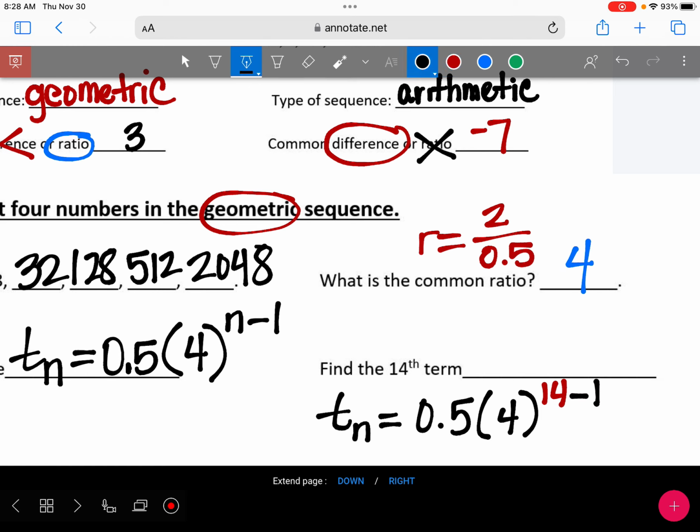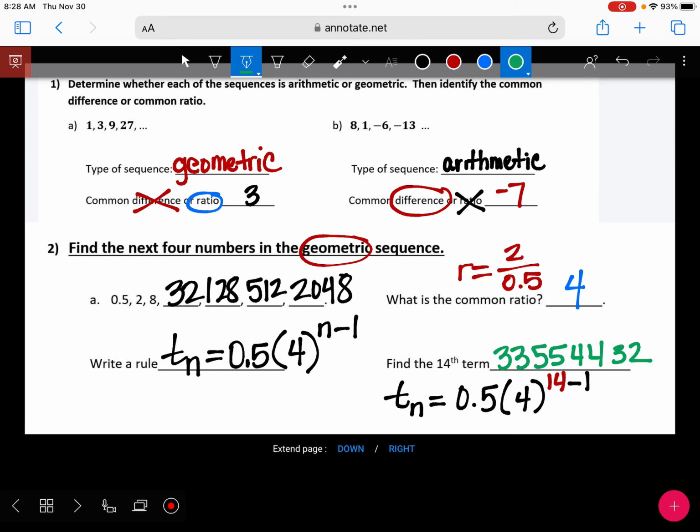And when you type that in your calculator, you should get a lot of money: 33554432. That's what you get. Any questions about that? How to type it in? Anyone not get that answer? You need help with your calculators?